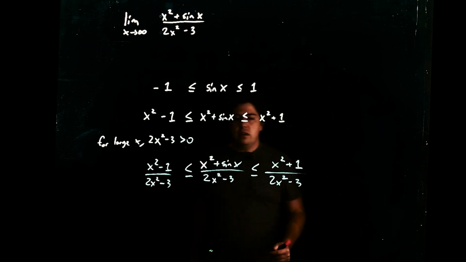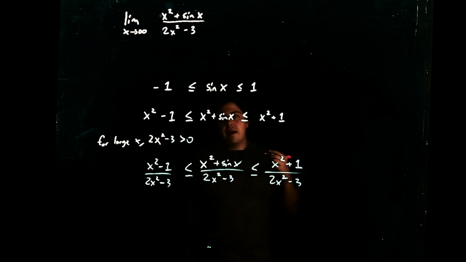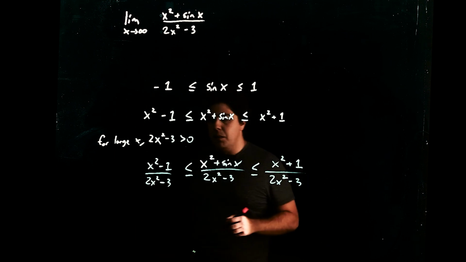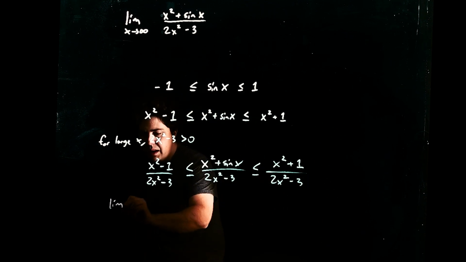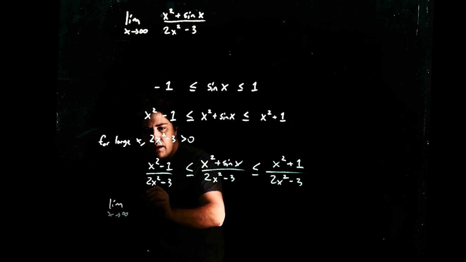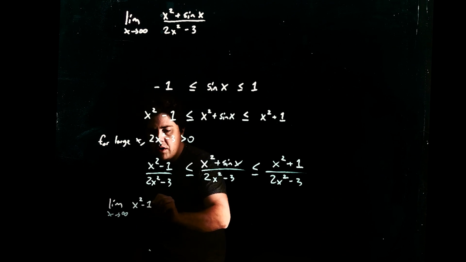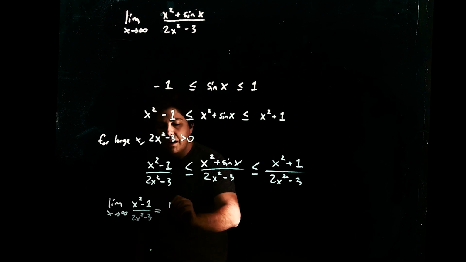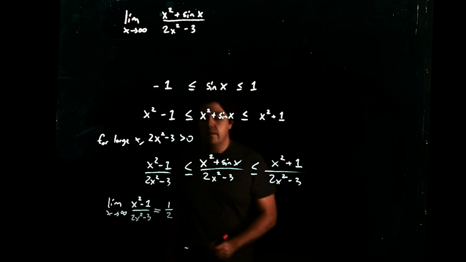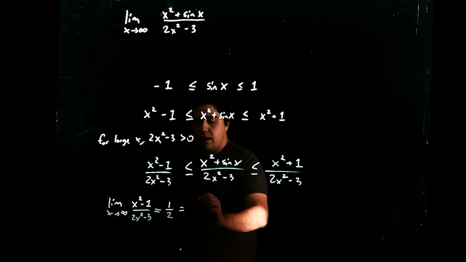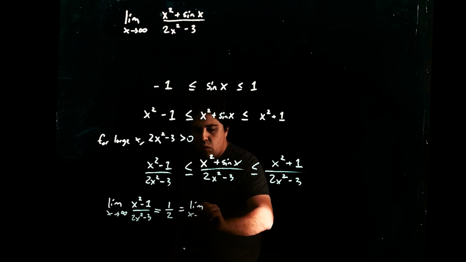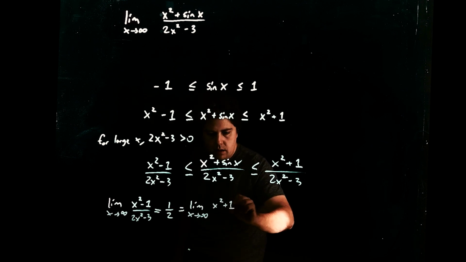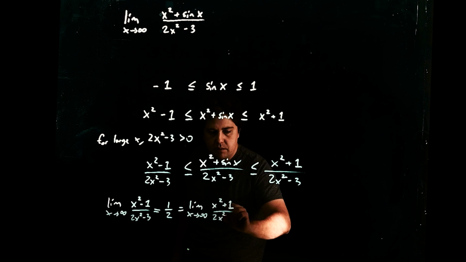Now, I'm doing this fairly quickly, but indeed, from methods we talked about in previous videos, you can very quickly see that the limit as x goes to infinity of this first guy, x squared minus 1 all over 2x squared minus 3, is, like I said, going to be 1/2. We've already seen techniques to establish that. And so will this guy over here, for essentially the same reason.